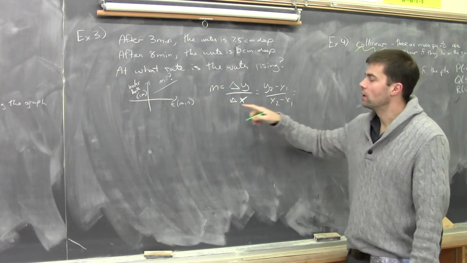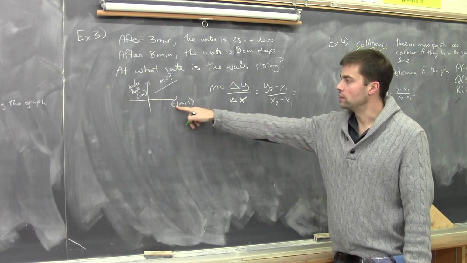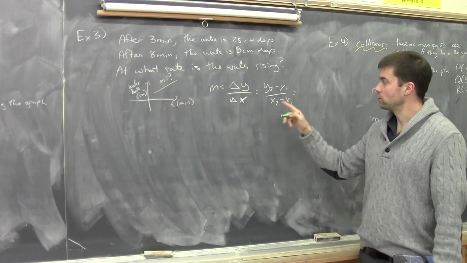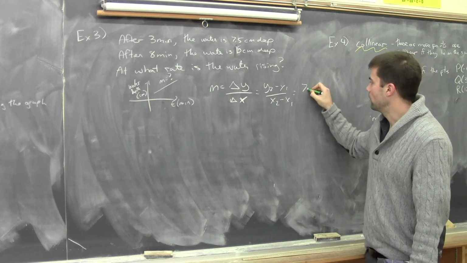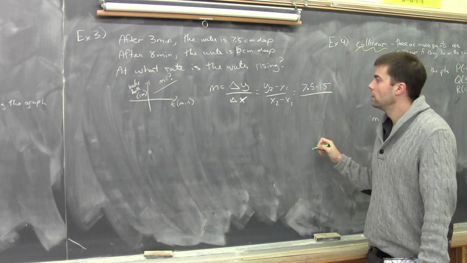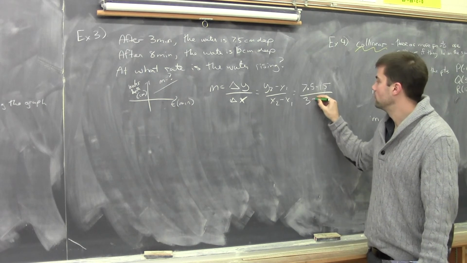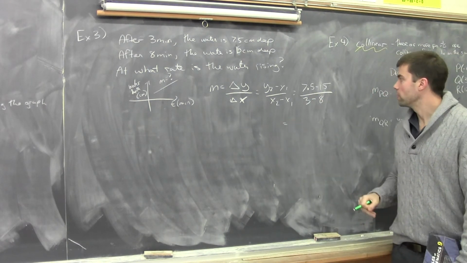So be careful now. T is actually the x values, right? So you don't want T on the top. 7.5 take away 15, over 3 take away 8. Excellent. Very good, Michael. All right, now we can just go ahead and solve for this.